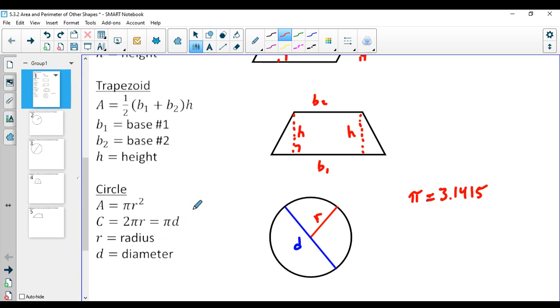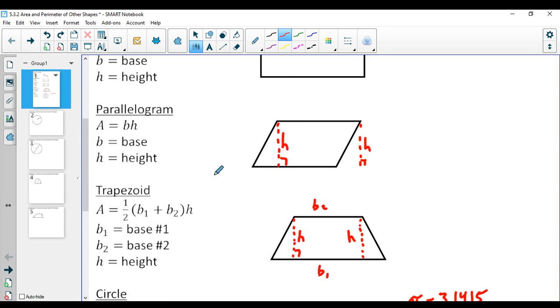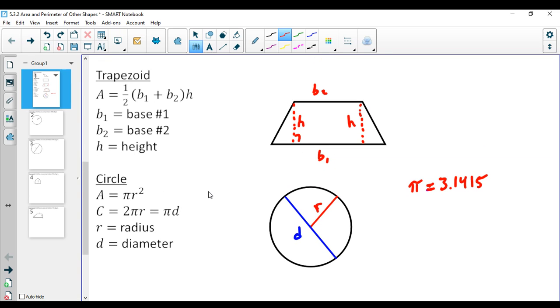And if you're uncomfortable with the circle, I would definitely make sure this is written down at some point somewhere. The rest, it's a little less important, maybe the trapezoid, but the others you should kind of know.